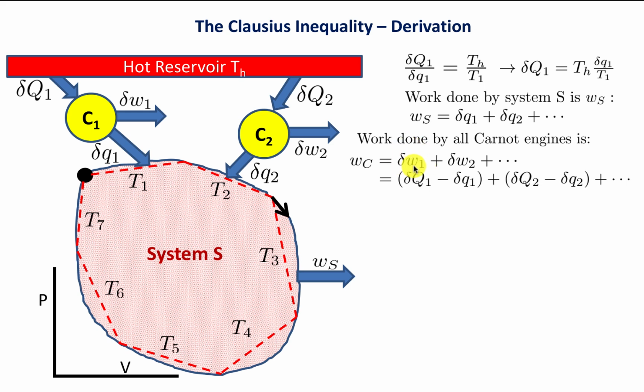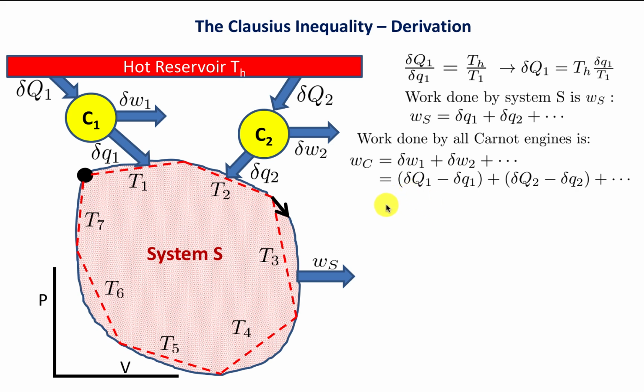That delta W1, so look over here, this is equal to delta Q1 with the big Q minus delta q1 with the small q. The same goes for the second, for the third, and so forth. So, some work is done by the system, and some work is done by all these infinite number of imagined Carnot engines, which is here.